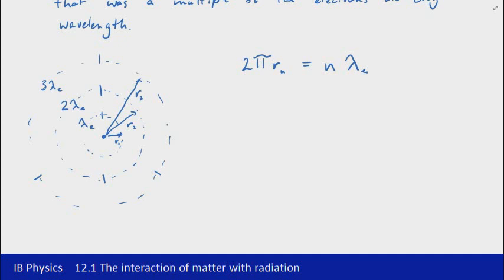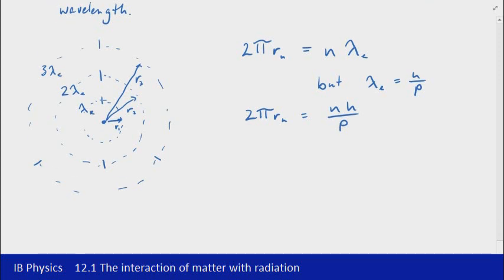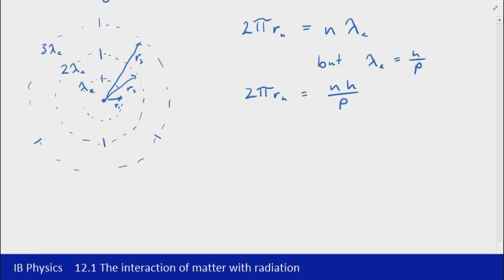We know the de Broglie wavelength for an electron is given by h on p, so we can substitute that in and write 2 pi rn is equal to nh on p. Given that we're dealing with electrons, which have mass and move with a speed around that orbit, we can instead write that as nh on mv.